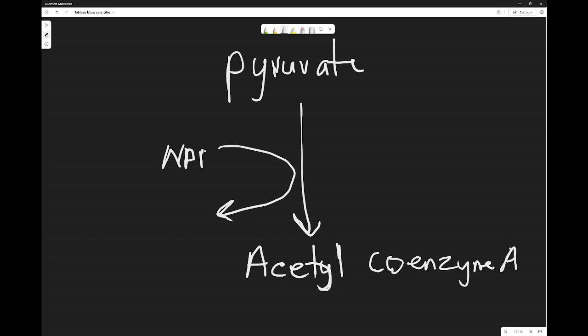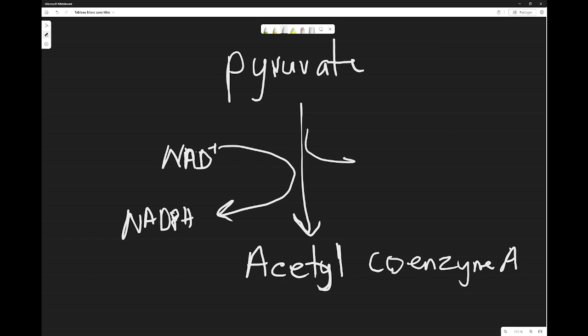NADP. So we're going to have NAD right here with its positive charge here, and it's going to produce NADPH. Alright, so that's really the first thing there.